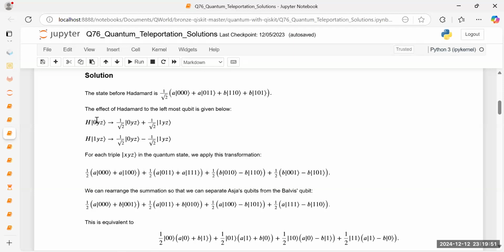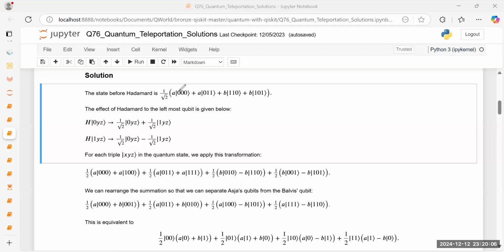For the first qubit that we're applying the Hadamard gate to, 0 becomes plus. So if we apply the Hadamard operator to 0 here, it's going to become plus, and that will give us 0 plus 1. And then 0 here, we also have the plus state. So we have 0 plus 1.